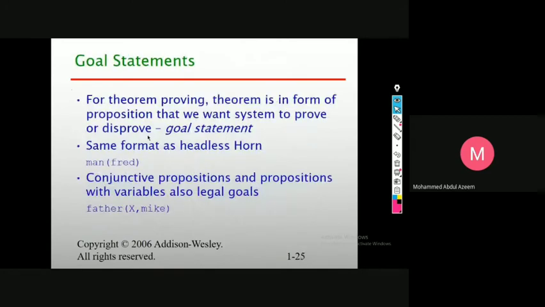Goal statement. For theorem proving, the theorem is in the form of a proposition that we want our system to prove or disprove. So the rules which you consider to reach the goal node may sometimes prove it or maybe disprove it, as I said, because the hypothesis is nothing but the assumed fact that you have taken.